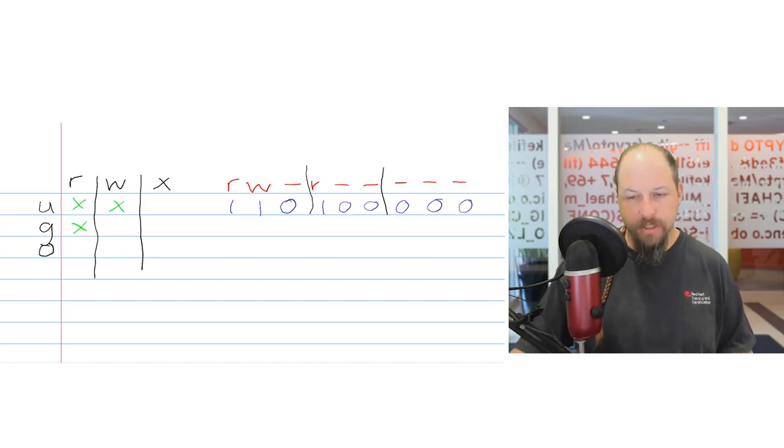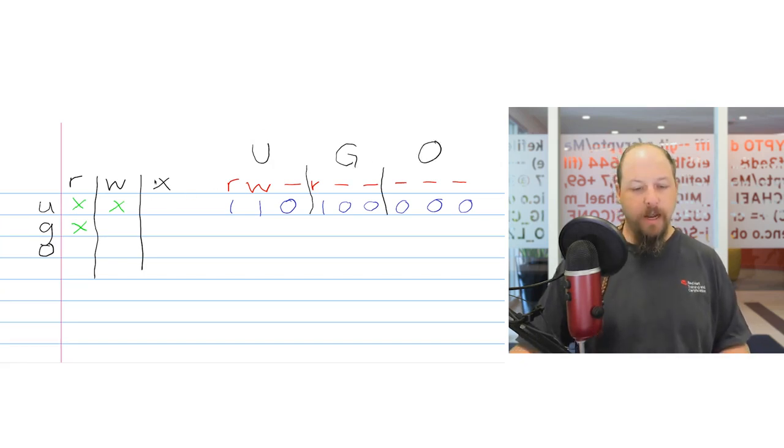So that we can keep this straight, I'll go ahead and label at the top that this is user, group, and other. At this point, we've taken our intended setup of permissions for user, group, and other corresponding to the read, write, and execute permissions, written them out as we would see them on the displayed permissions output of an ls -l command, and now converted them to on and off switches in the form of binary.